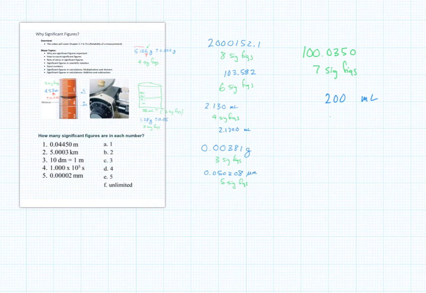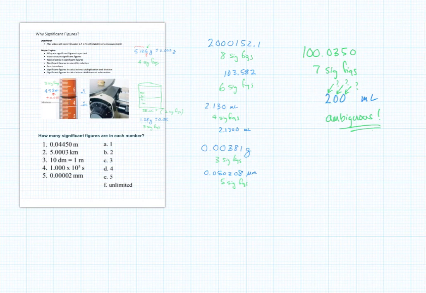And I'm going to encourage you not to write numbers this way. The reason why it's ambiguous is I don't know if the uncertainty is in this place, or in this place. It depends on the instrument as to where the uncertainty lies, but I don't know in which of these 3 places there's uncertainty. So because I haven't specified, this is ambiguous, and this is not a good way to report this number.